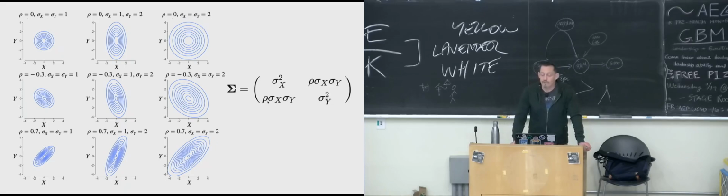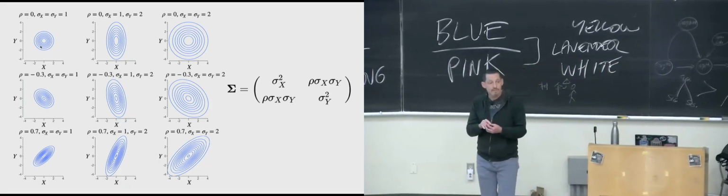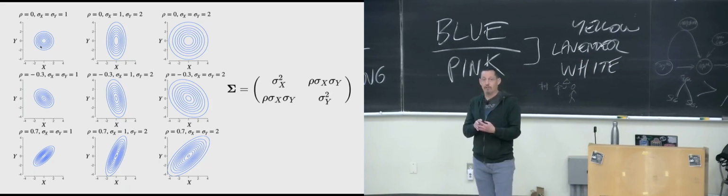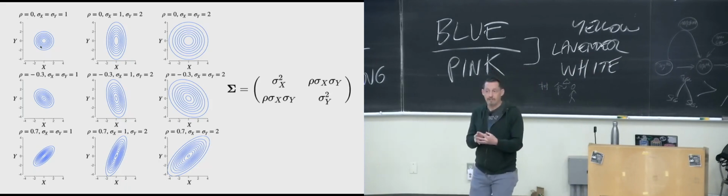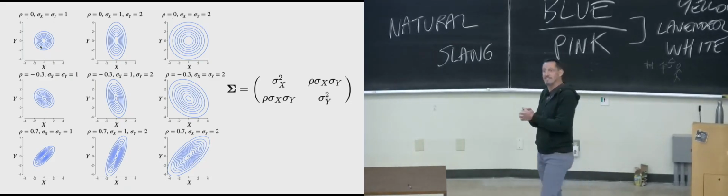So shape-wise, what do we have? If we have no correlation between x and y, and both of them have unit variance, this is our quote-unquote spherical Gaussian. Anybody ever heard somebody use that word, spherical Gaussian?